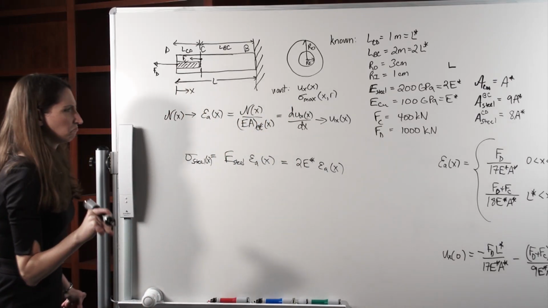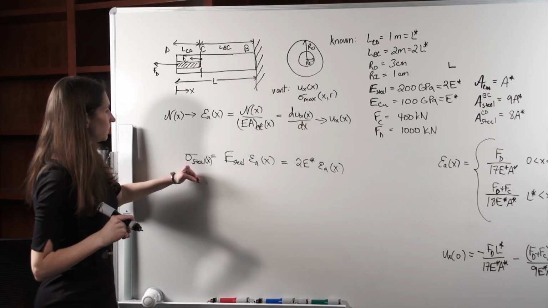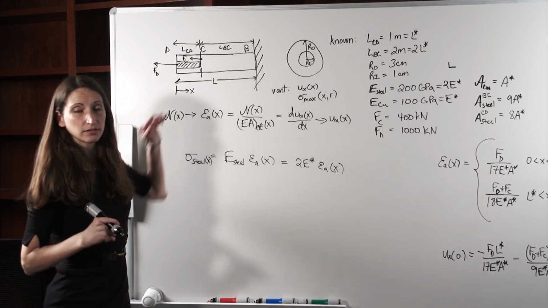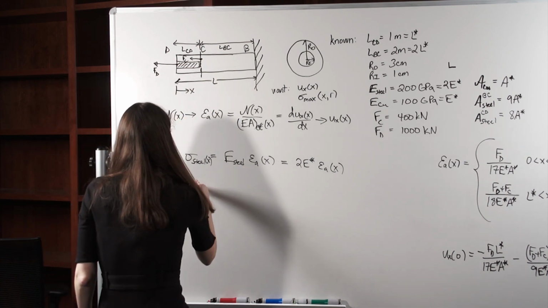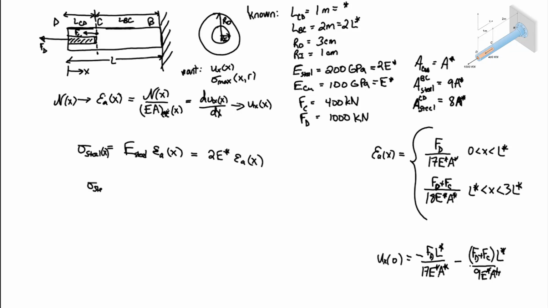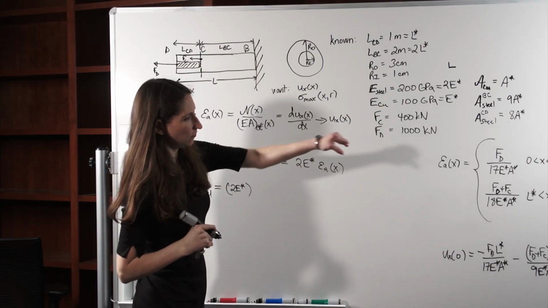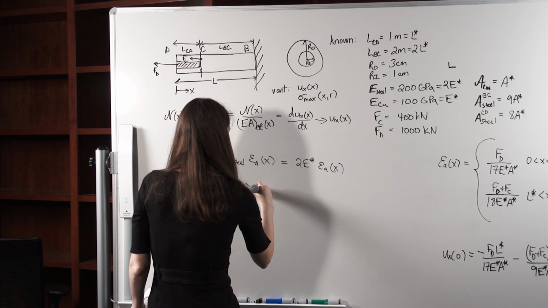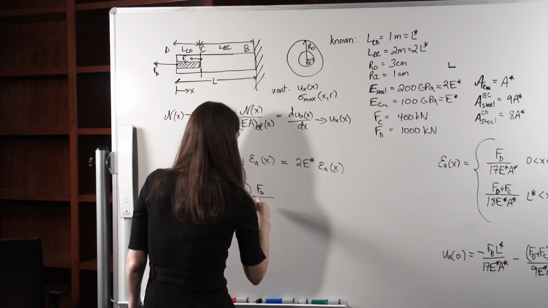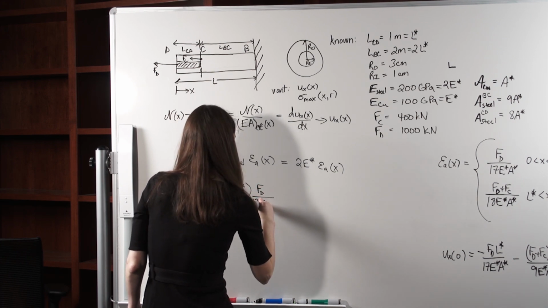Let's compute the stress of the steel in section CD and in section BC. So sigma steel in section CD is just equal to 2 E star times our epsilon A over there, which is just FD over 17 E star A star.